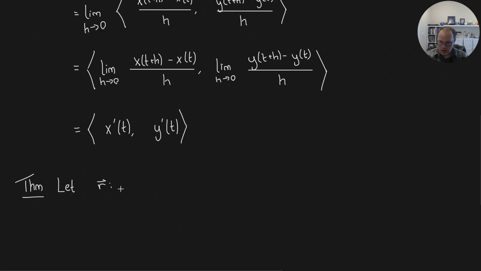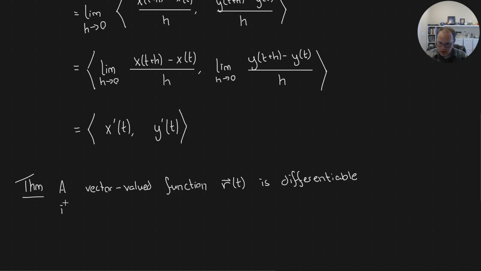A vector-valued function r of t is differentiable if and only if its component functions are differentiable.